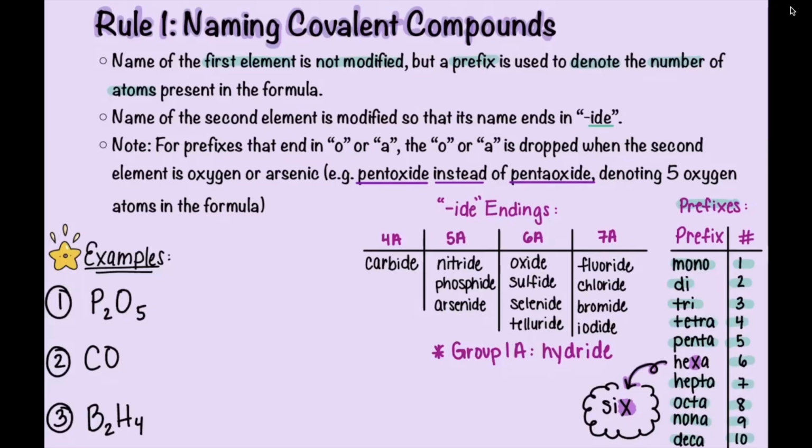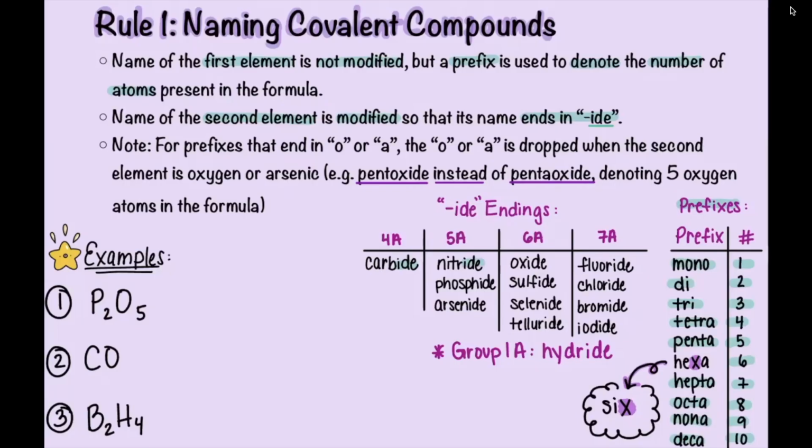And lastly, for this rule, the second element, the other nonmetal, changes so that it ends in "ide." So for example, in this table, which shows the nonmetals from your periodic table, in group 4A, you'll notice that carbon is present. So carbon becomes carbide. 5A, if you take nitrogen, that becomes nitride.